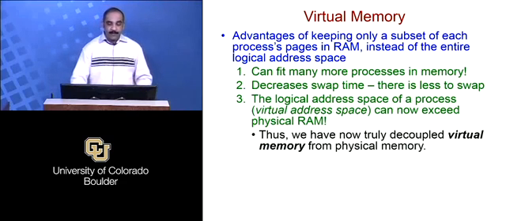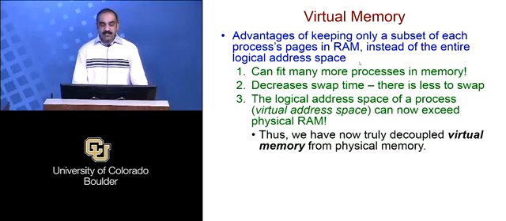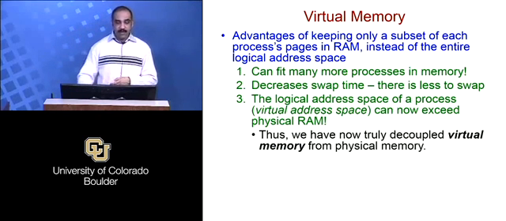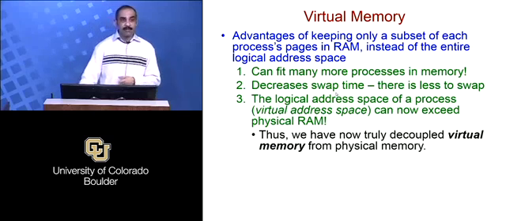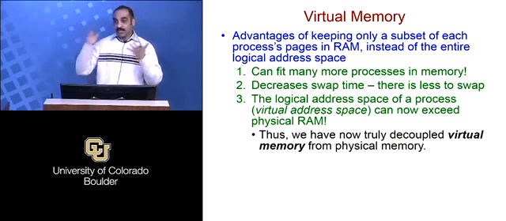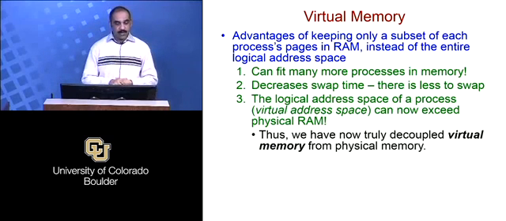Okay. The advantage of keeping only a subset of each process's pages in RAM instead of the entire logical address space is, okay, now you can fit many more processes in memory because you don't have to keep the entire process in memory. Okay. This decreases the swap time because if you have to swap this process out, you have to swap out only a few pages because the entire process is not in memory. Okay.